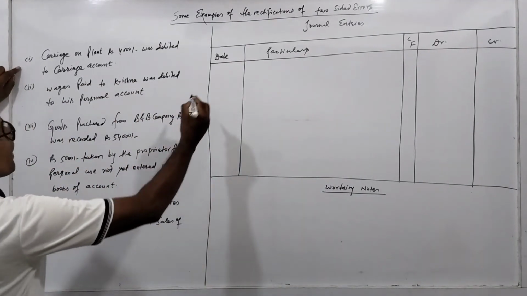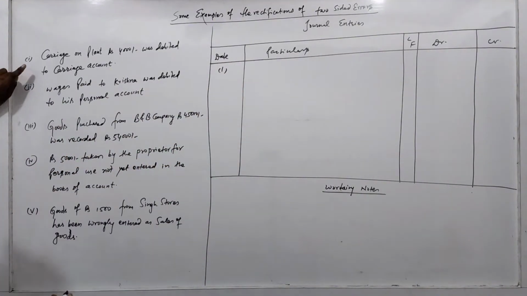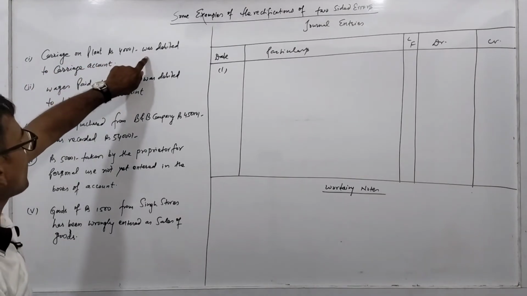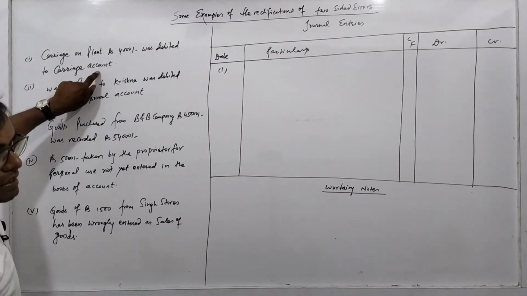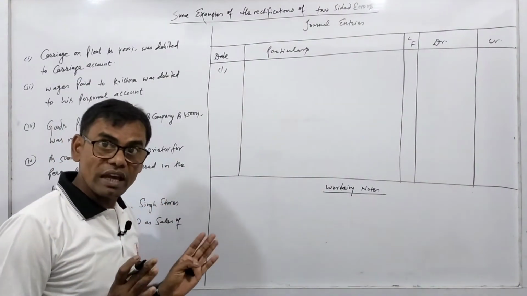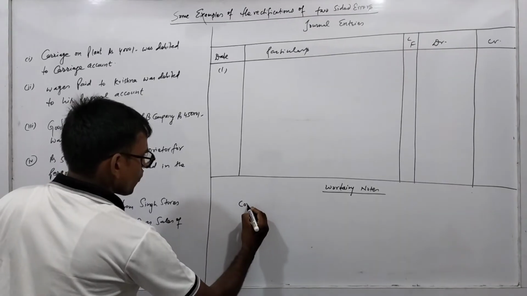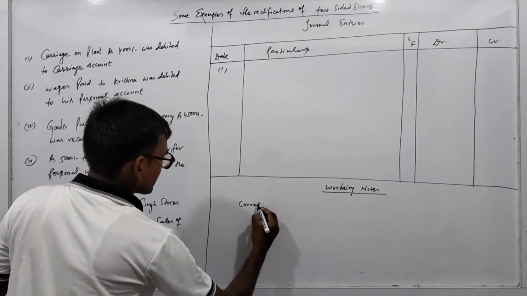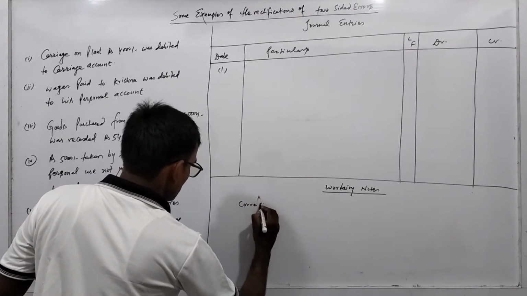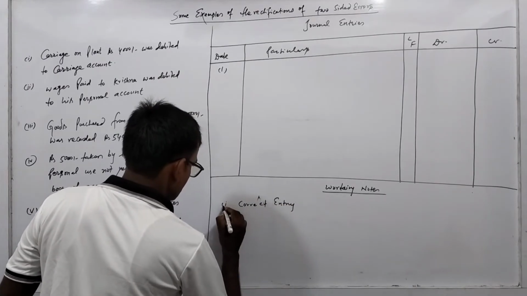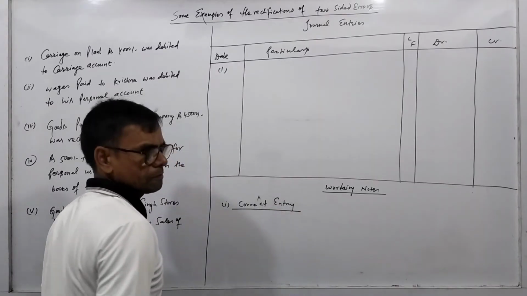So question number 1: carriage on plant 4,000 was debited to carriage account. What I say to you is, first of all, you have to see what the correct entry will be. First step, correct entry.